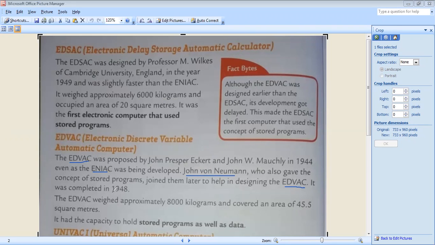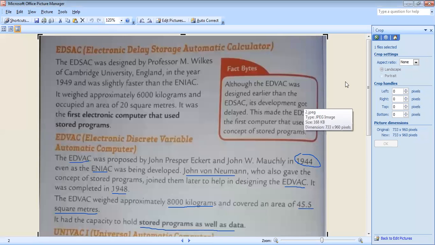It was completed in 1948, so it took 4 long years to complete. The EDVAC weighed approximately 8,000 kilograms and covered an area of 45.5 square meters. It had the capacity to hold both stored programs and data.